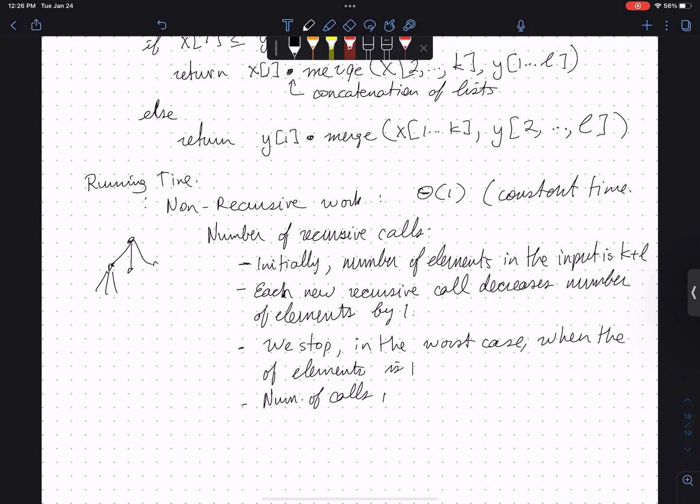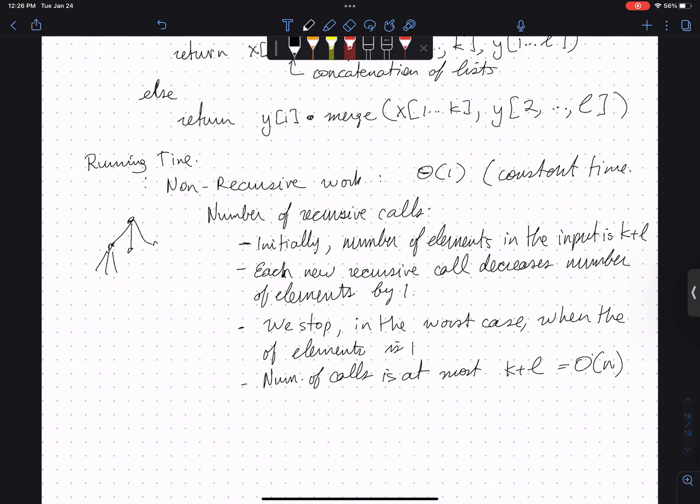Number of calls is at most k plus L, which is O of N. And N in this case is the number of elements. It's k plus L. Okay, so total time is order N for merge.